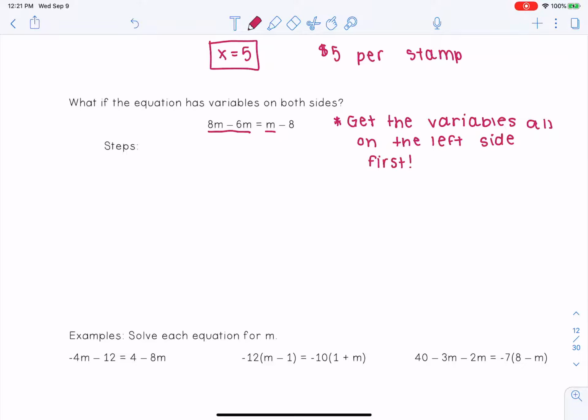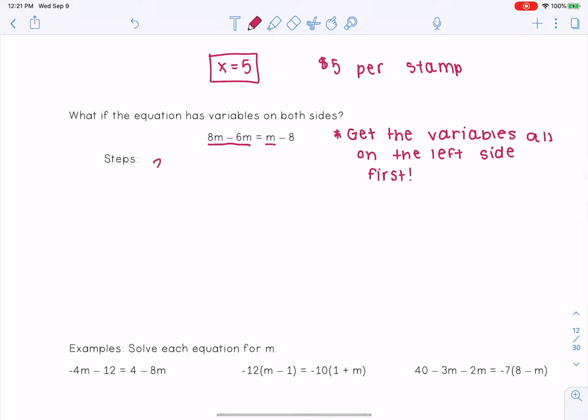So let's first try to combine like terms to make our life easier. 8m minus 6m is 2m equals m minus 8.